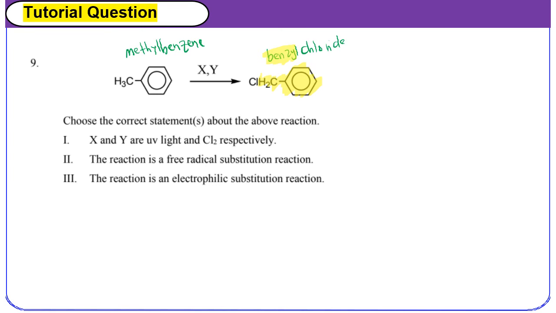So X here actually basically is referred to the Cl2, and then the Y is represent the UV. Okay, so X and Y are UV and chlorine respectively. Option A seems like okay. Then if we have the UV, so we know that the reaction is free radical substitution. So electrophilic substitution reaction is not happening. So the answer is 1 and 2, B.